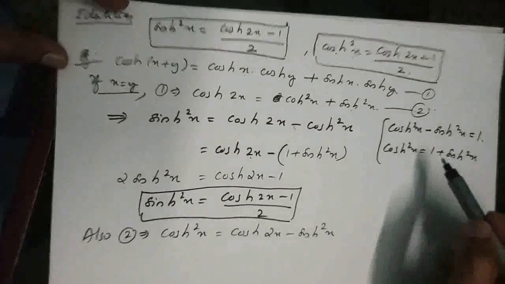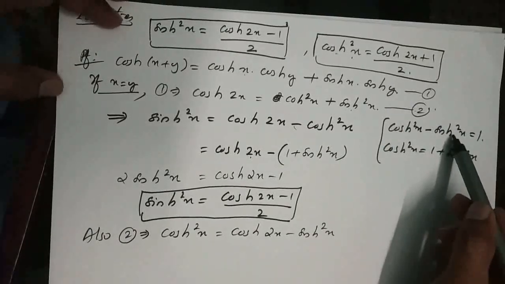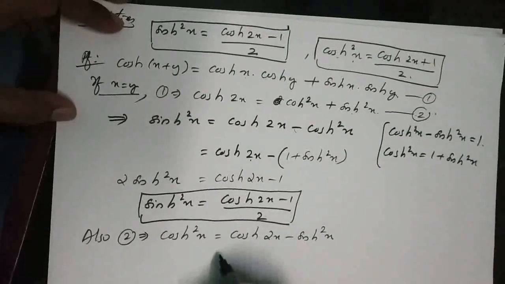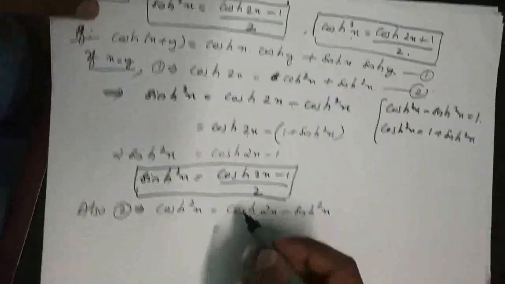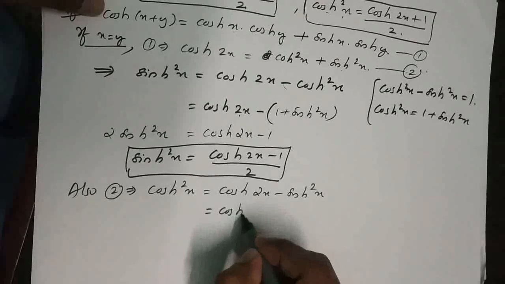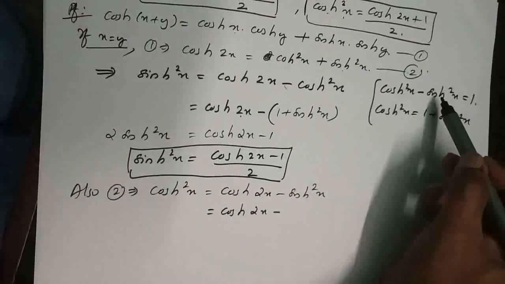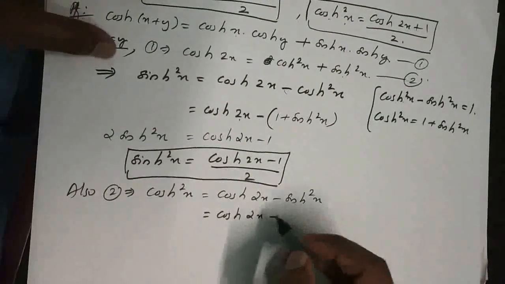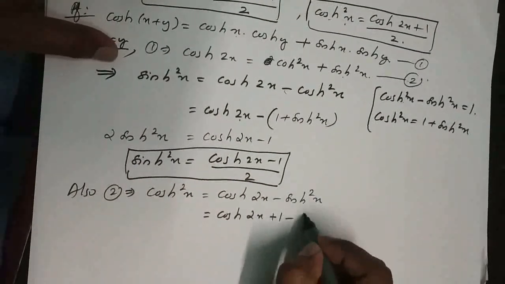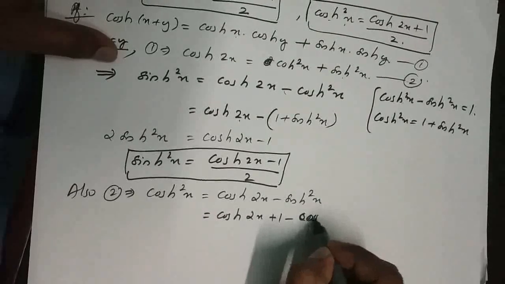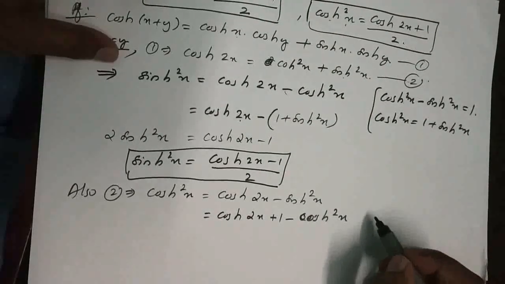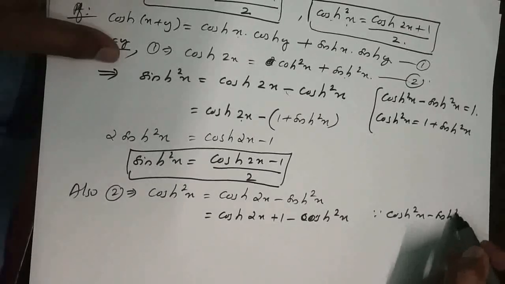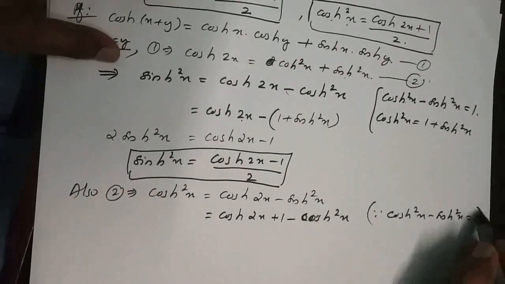So from this we get sinh square is equal to cosh square minus 1. So replace this: cosh 2x minus sinh square is equal to 1 minus cosh square. We can replace that plus 1 minus cosh square x, since cosh square x minus sinh square x equal to 1, right?